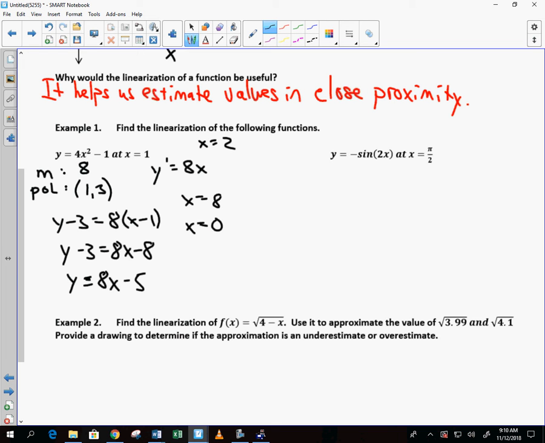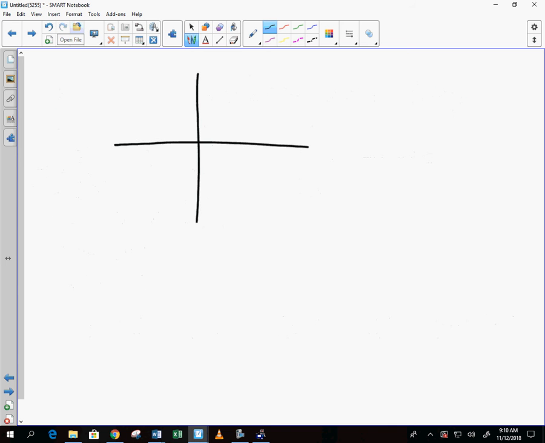Better? Okay, y equals negative sine of 2x at x equals pi over 2. Point on the line? 2 times pi over 2 is pi, and the sine of pi is... all right, so we don't remember.